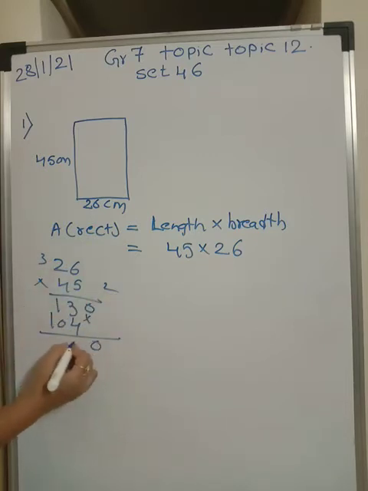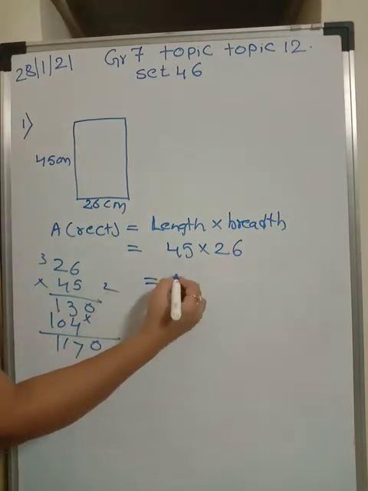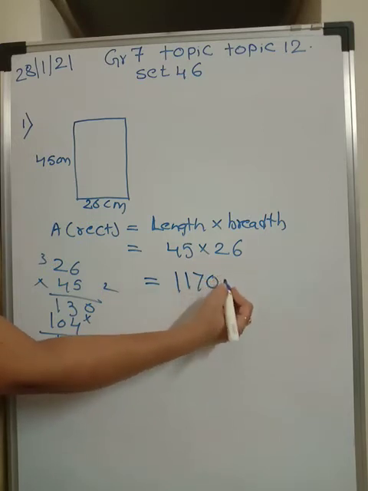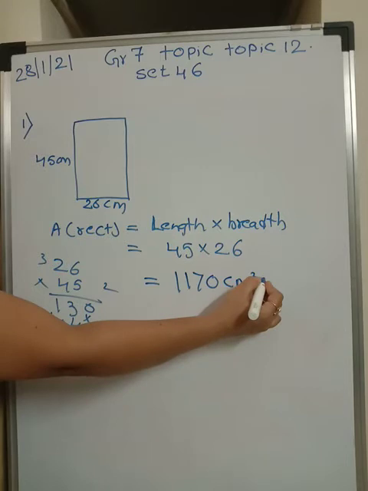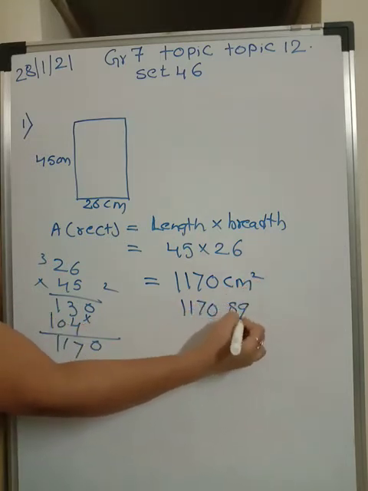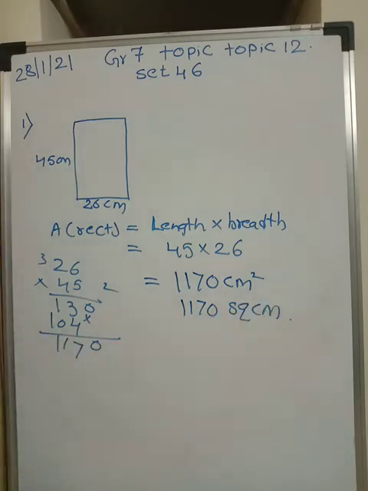So what we have is 1170. So the area of the rectangle comes out to be 1170, and let us not forget to write the units. So it is centimeter square, or you can write 1170 square centimeter. Both are correct.